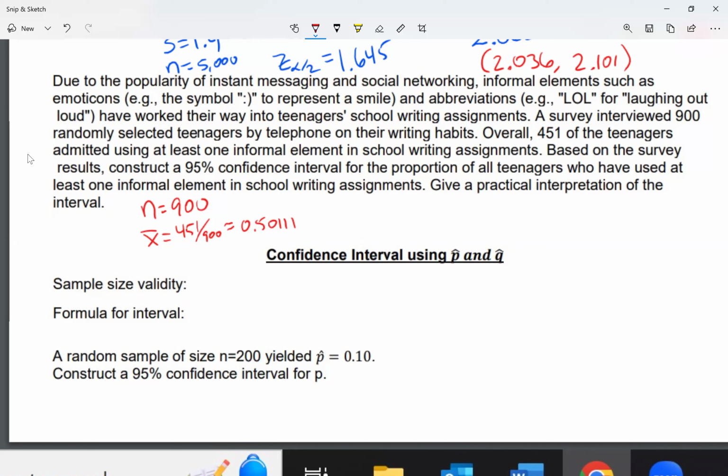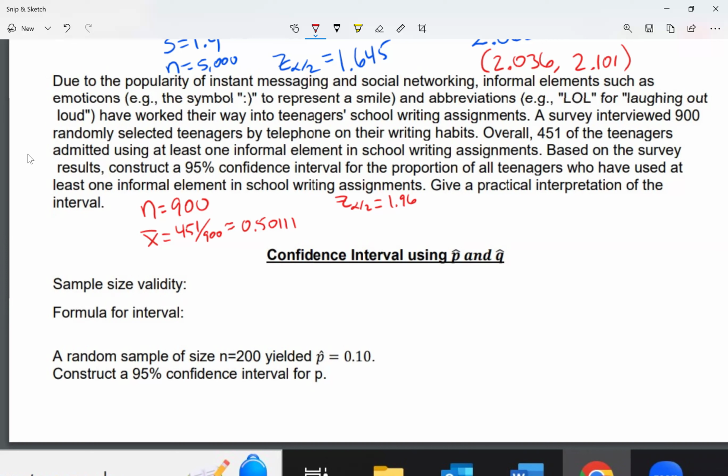Okay. Now, based on the survey results, construct a 95% confidence interval. Okay, we should have a C-score for a 95% confidence interval. According to our table from last week, our C-score here is 1.96. And it says, give a practical interpretation of the interval.